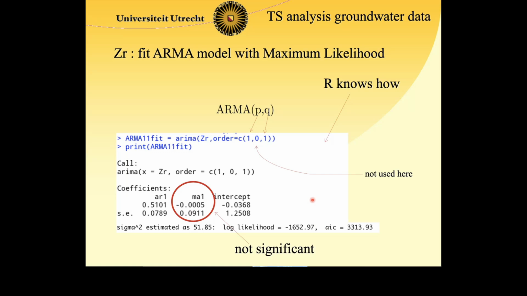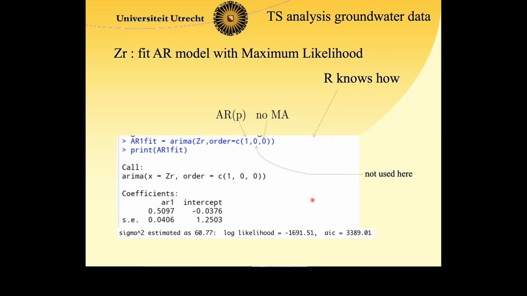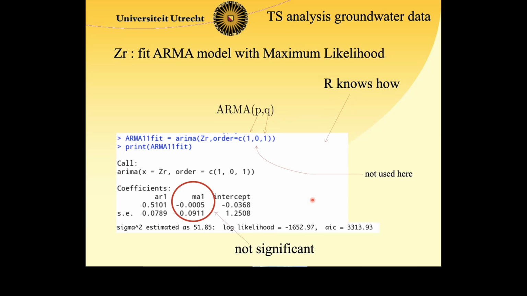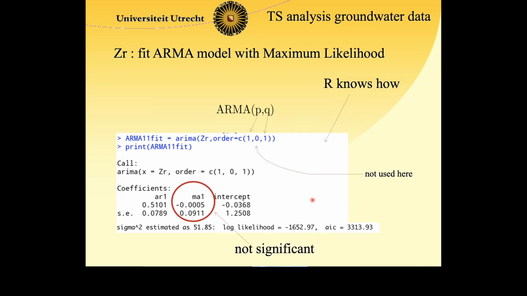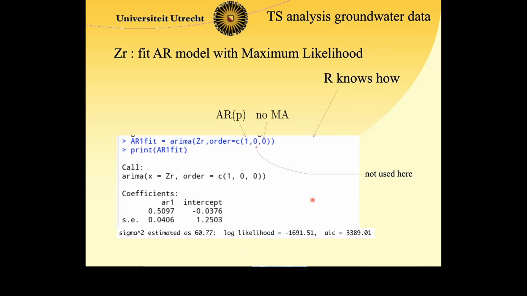Okay, now we decide to leave out this moving average 1 parameter, and we fit a new model. So now we fitted an AR1 model.